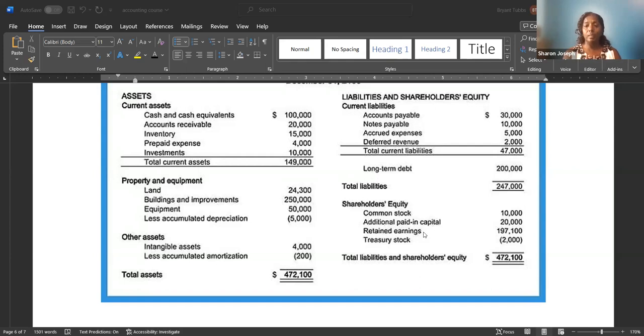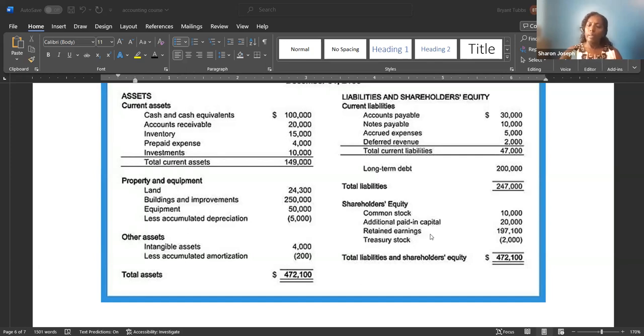It is continuing to operate year after year. So the net profit from one year closes out into retained earnings, and then you start afresh with your net income for the next year. And then at the end of that year, you roll that into retained earnings. So to sum it up, retained earnings is basically how much your business has earned year after year after year that you have not taken out of the business.